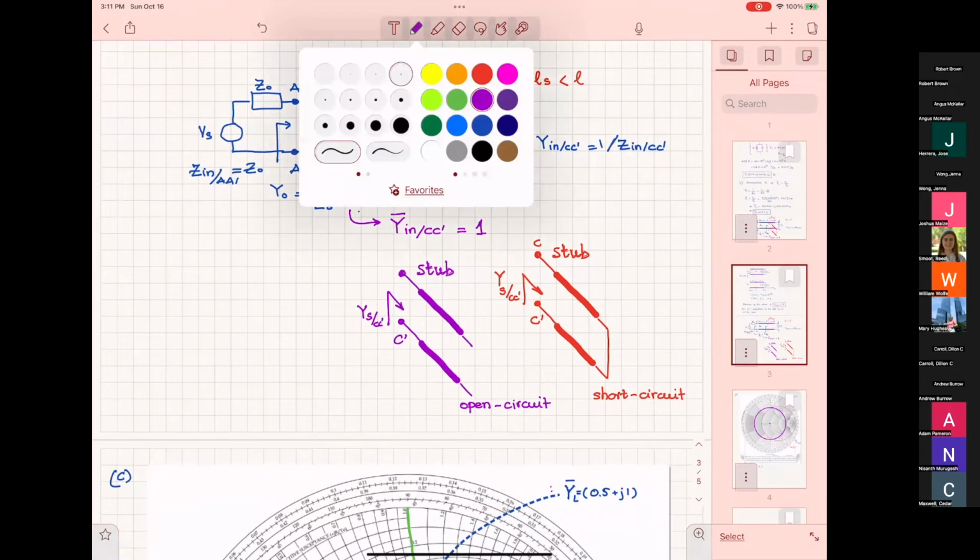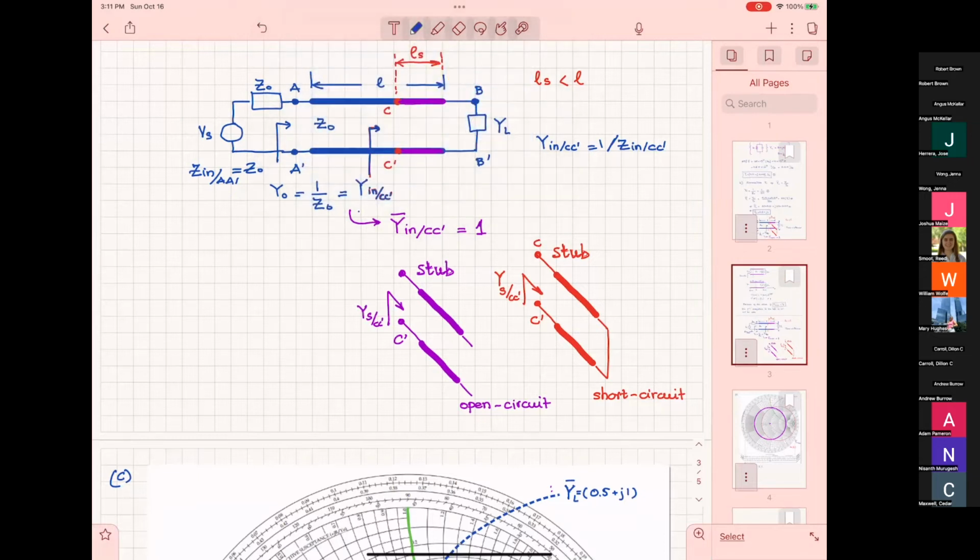We know the impedance that we have found in the book and from 332 practically, that to find Y_S at CC prime, in both cases, you have two formulas.